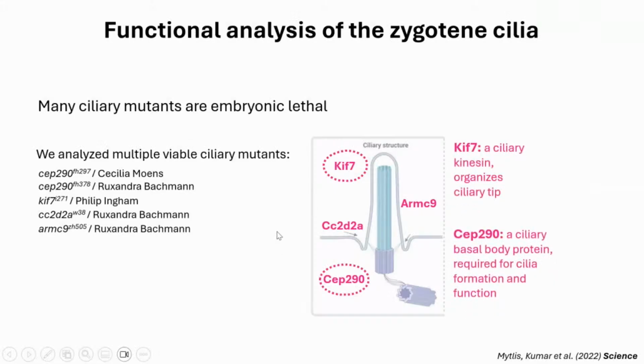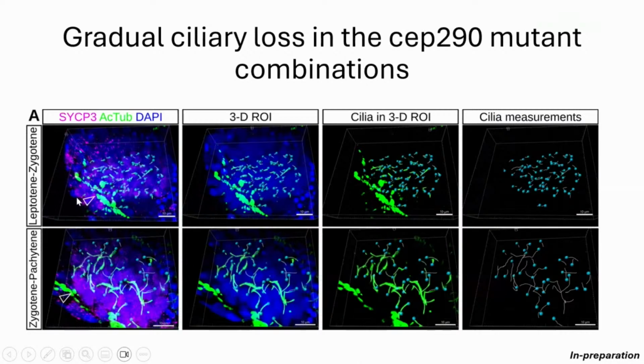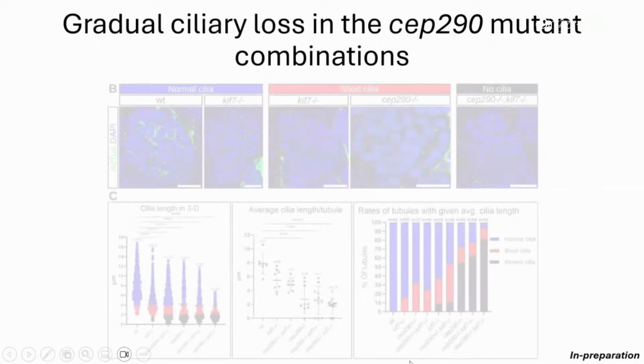Both are essential for ciliary formation and function. We measured the zygotene cilia in 3D in the spermatocyte context to establish that in leptotene-zygotene it starts to grow, and in zygotene-pachytene spermatocytes it's fully elaborated.